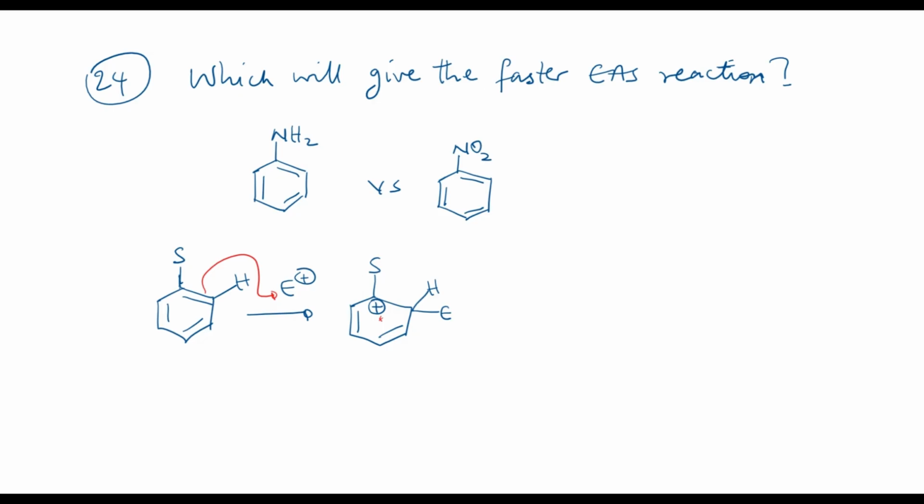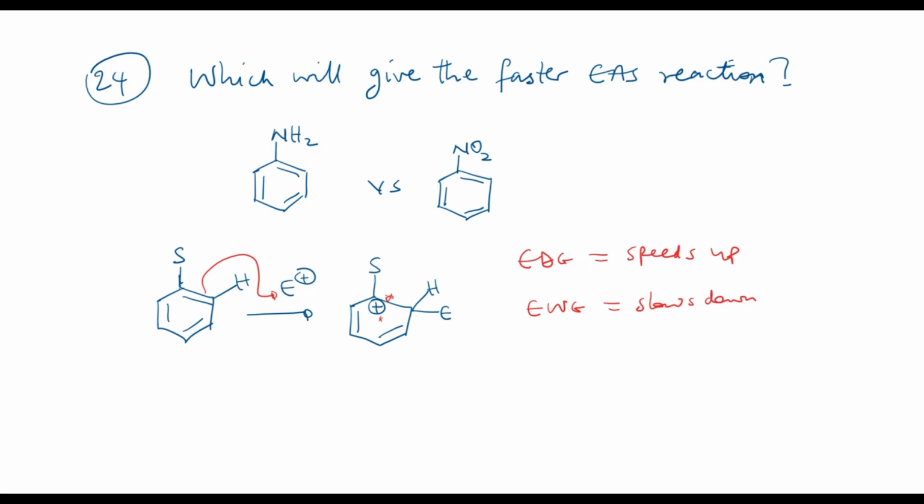However, if you have an electron withdrawing group, now the electron withdrawing group will pull away electrons from the ring, thereby destabilizing the positively charged ring. And that will make the reaction very, very slow. In other words, electron donating group speeds up the reaction, whereas electron withdrawing group slows down the EAS reaction.